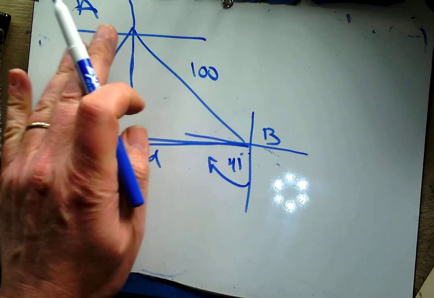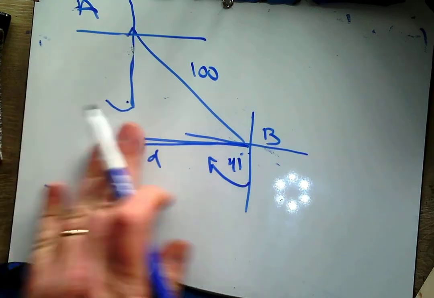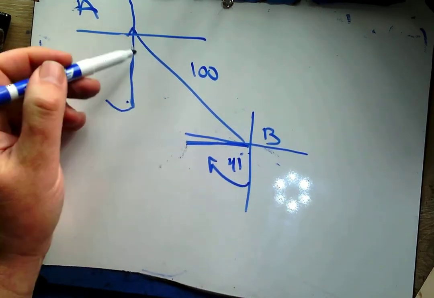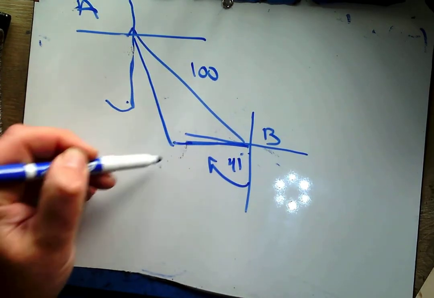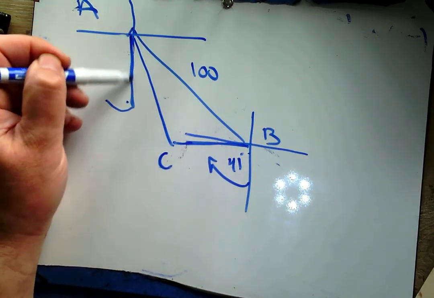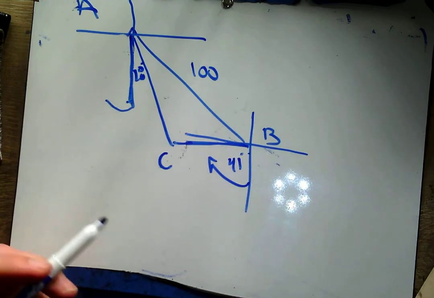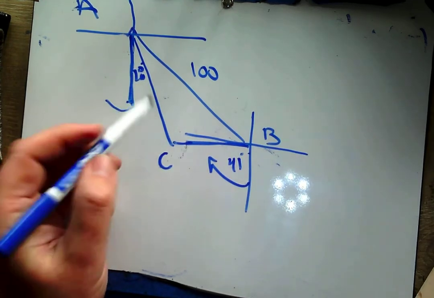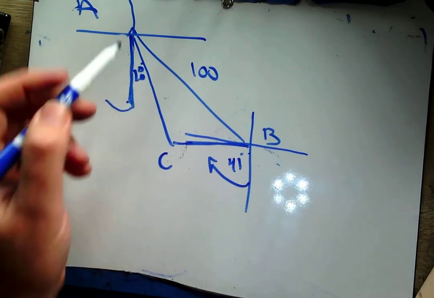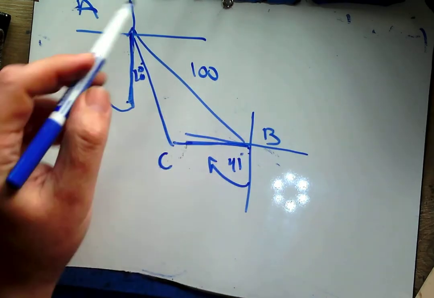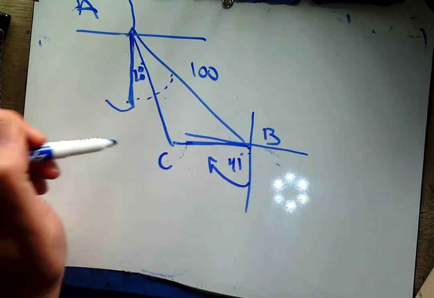So now I'm going to modify my picture a little bit. No worries. I can do that. So C is now over here. Okay, so we will head south and 28 east. Okay, so we want to know the bearing from A to B. I want to know this bearing.